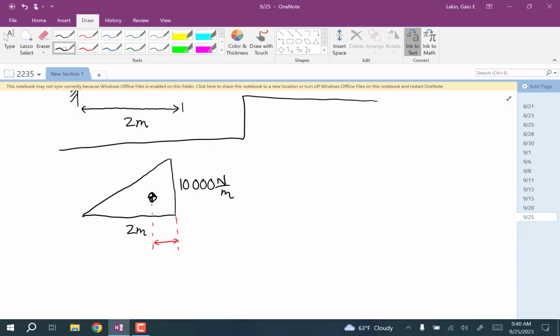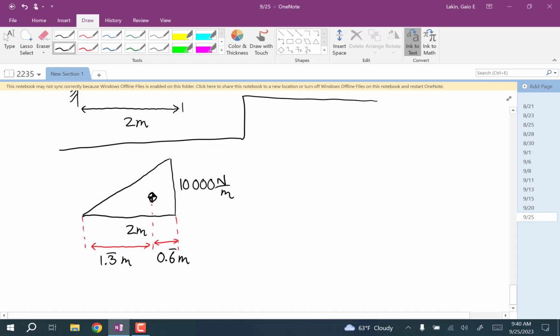Okay, so this is going to be 0.6 repeating meters. And that means that the distance to the centroid from this side is 1.3 repeating meters.